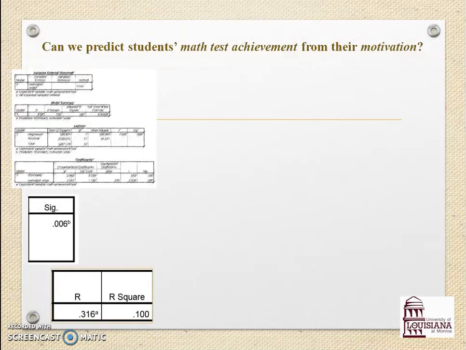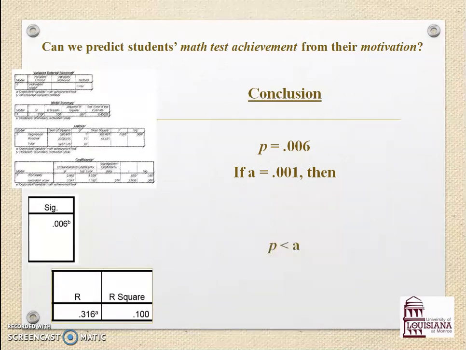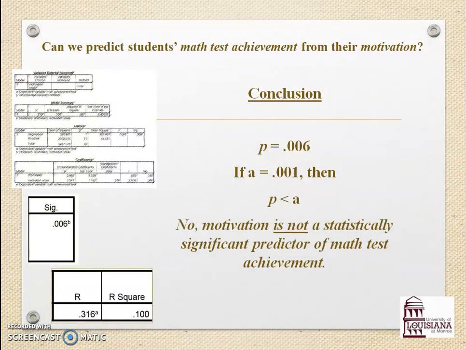Now, to answer the question, can we predict students' math test achievement from their motivation, I conclude no, given the significance is 0.006 and I set alpha at 0.001. Also, please keep in mind that as previously calculated, R is 0.316, which according to Cohen's guidelines on page 102 of our text, indicates only a moderate effect size, and R squared of 0.1 explains only 10% of the variance observed in math test achievement.